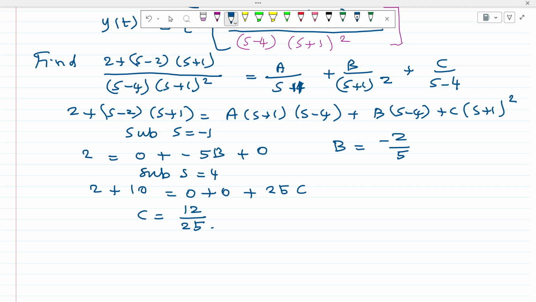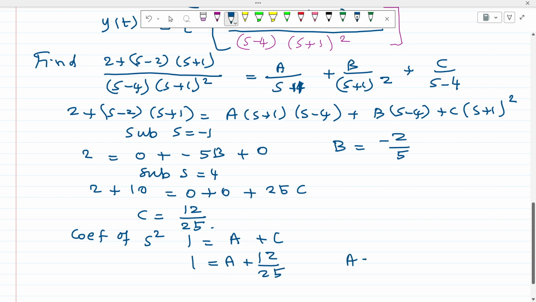Either you take, okay, fine, the coefficient of s square. If you are taking the coefficient of s square, this side 1 equal to the coefficient of s square there, A plus C. So 1 equal to A plus C. C is what? 12 by 25.